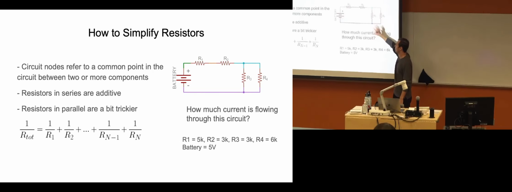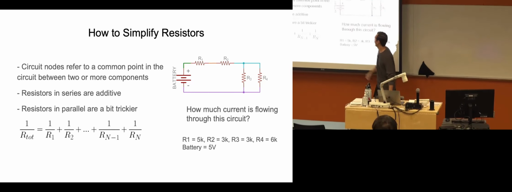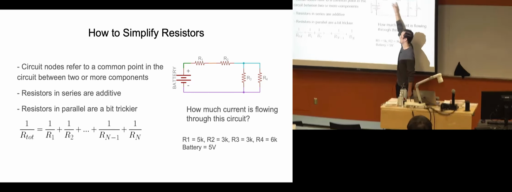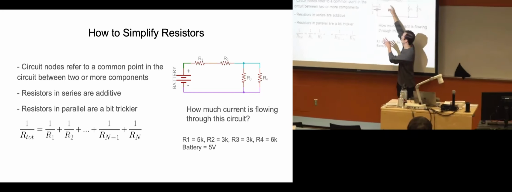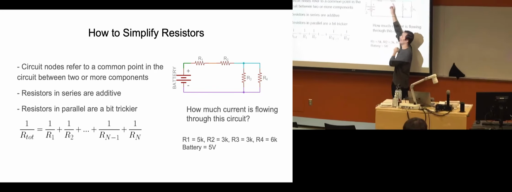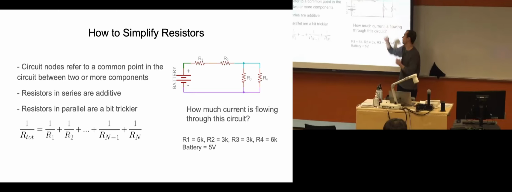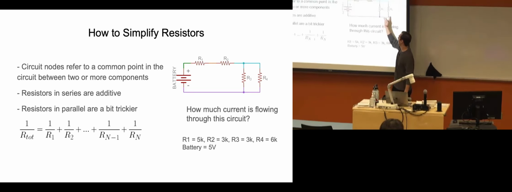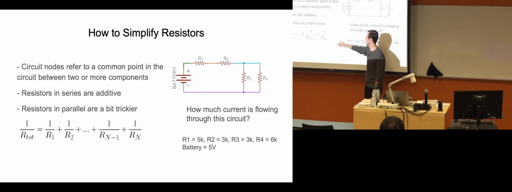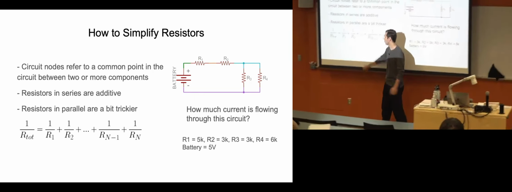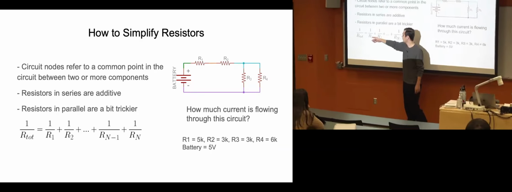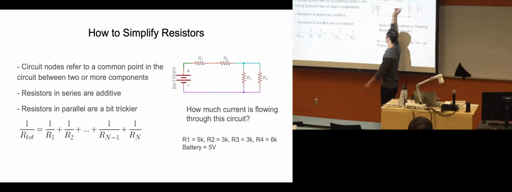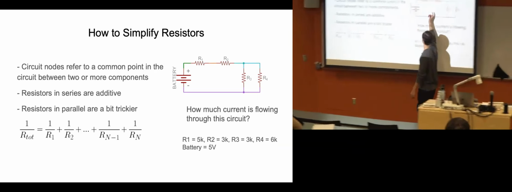And how you simplify them is a little different. In series, it's additive, OK? So the equivalent resistance for these two is just R1 plus R2. And in parallel, it's a little different. This equation right here is great. 1 over the total equivalent resistance is equal to 1 over our first resistance plus 1 over our second resistance.